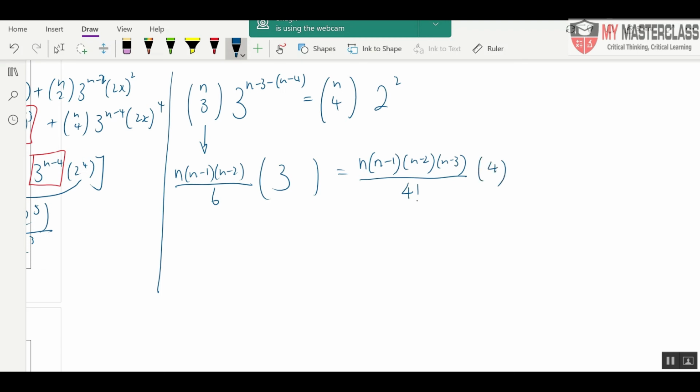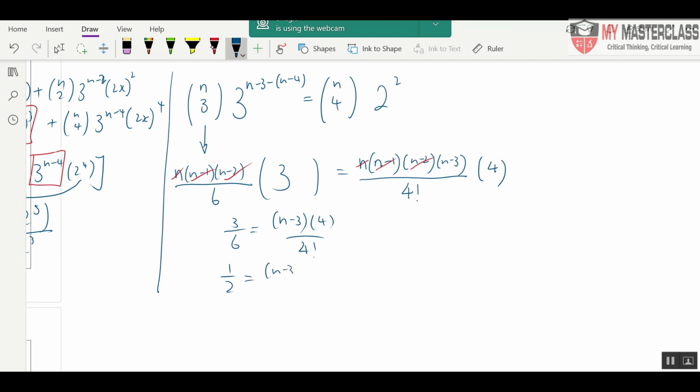Anything that is on both the left side and right side you can cancel. n can cancel, n minus 1 can cancel, n minus 2 can cancel. What are you left with? 3 over 6 is equal to n minus 3 times 4 over 4 factorial. Now evaluate all your numbers.